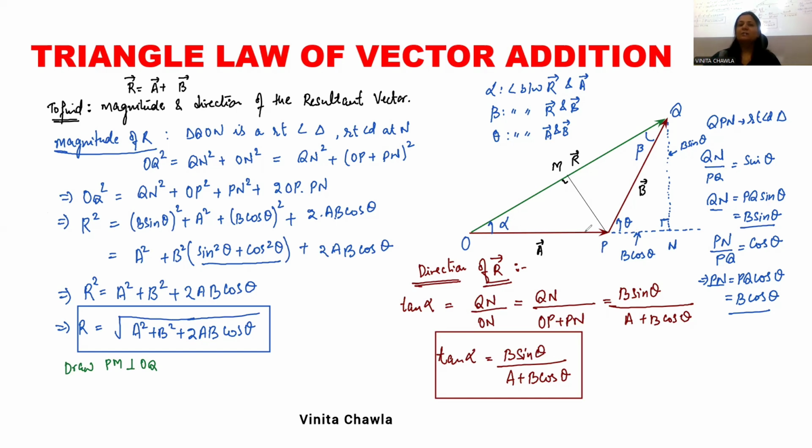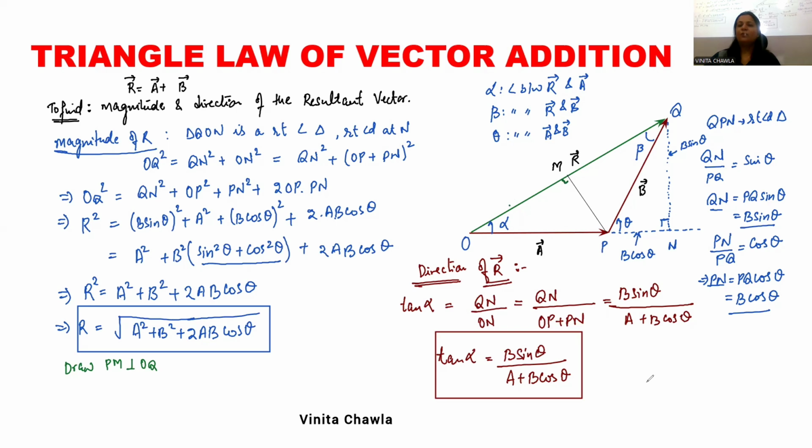Look at this triangle, this OMP. In this triangle, this angle is alpha. This is vector A. Vector A is the hypotenuse. And this is the base with 90 degree, and the angle is the base, right?